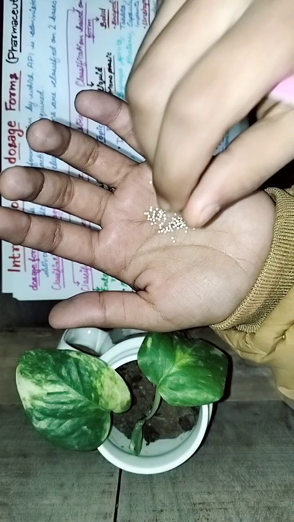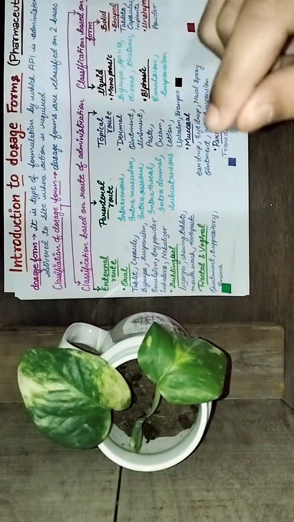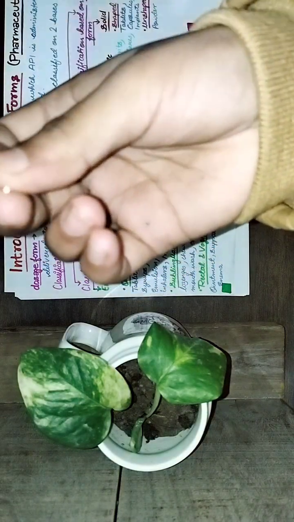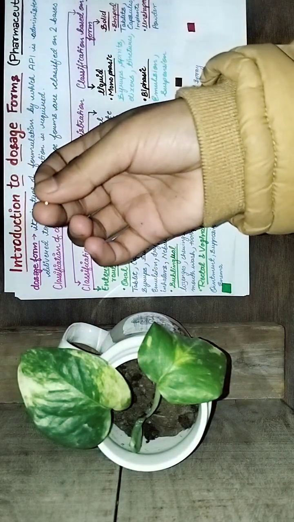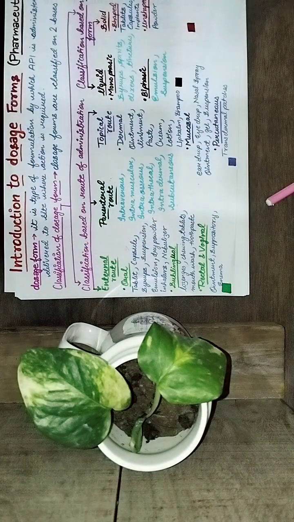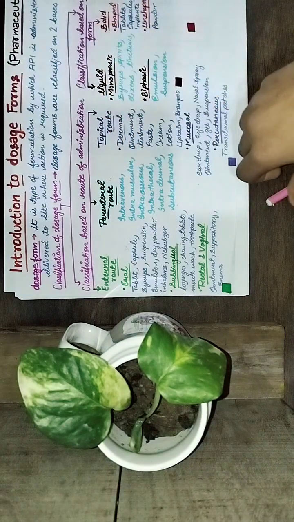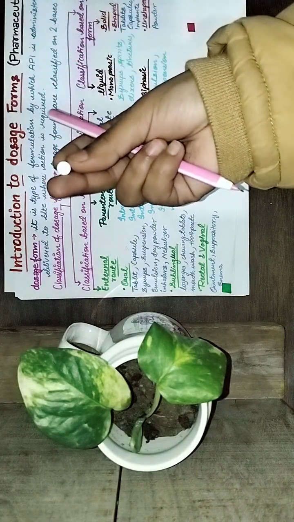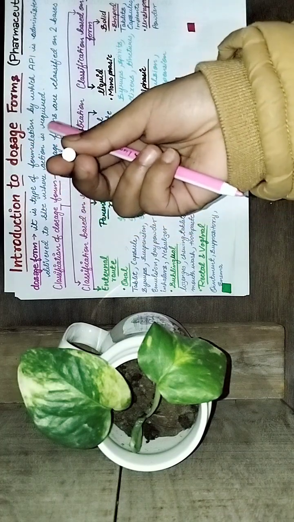These granules are prepared from powder, but they contain powder plus some sort of moisture, and a small amount of moisture helps the powdered particle to bind together and to get converted in this circular form. And they are usually circular because a circular form has higher surface area, therefore it gets disintegrated or dissolved very easily. Whereas these tablets, they do not contain any moisture, they are just a shaped solid powder.